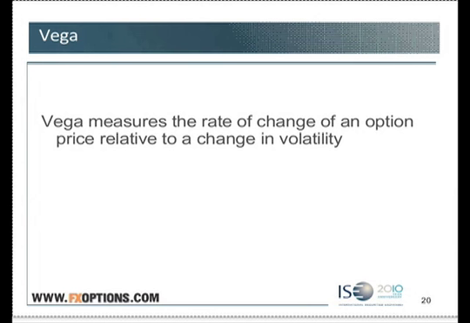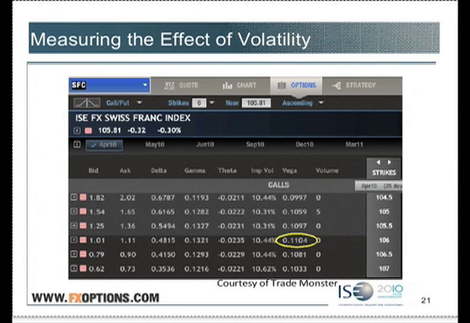So if the implied volatility is 1044 and the implied volatility rises, how much is our option price going to change by? It's going to change by the amount of our Vega.